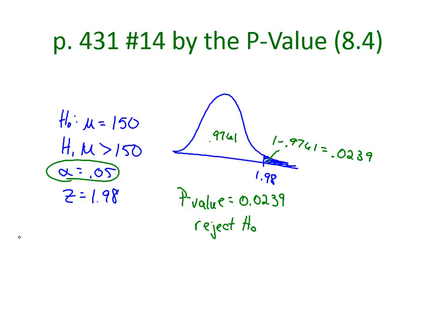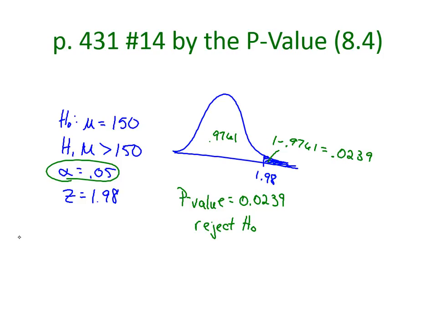Now we're back to our wording again. Our original claim did not include equal. Since the claim did not include equals and we are rejecting the null hypothesis, then the sample data supports the claim that the mean weight of the bears is greater than 150 pounds. So the final wording on our conclusion will be the same.